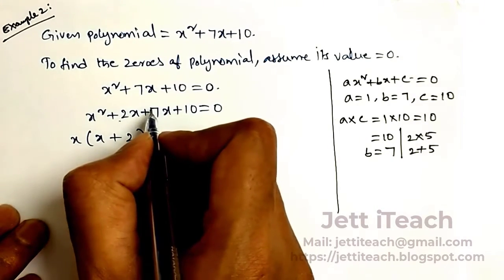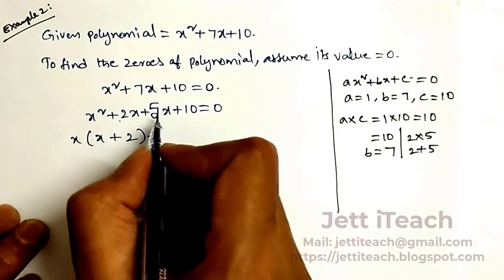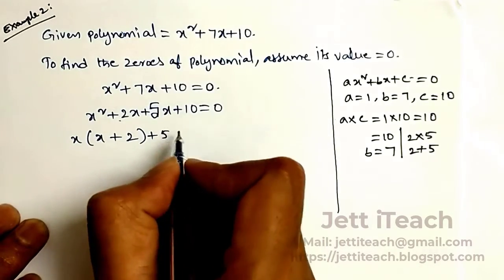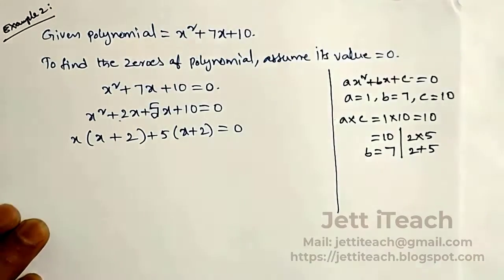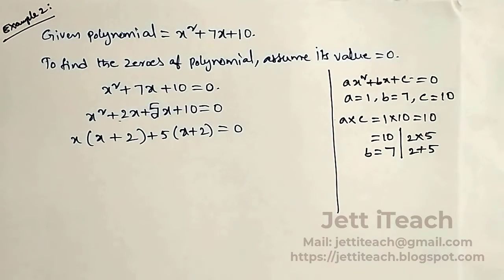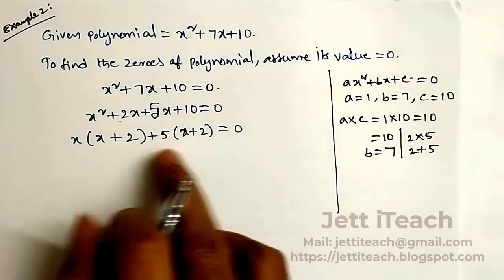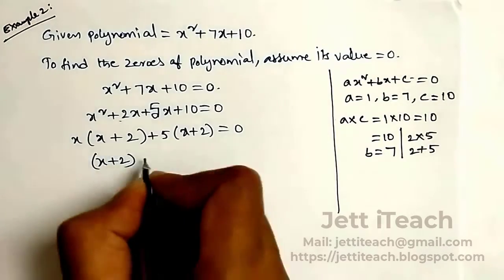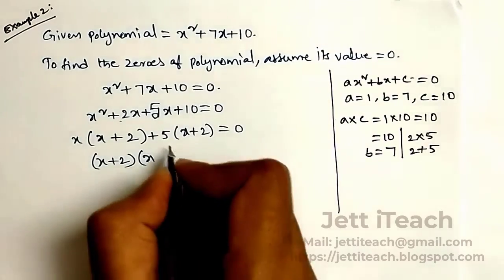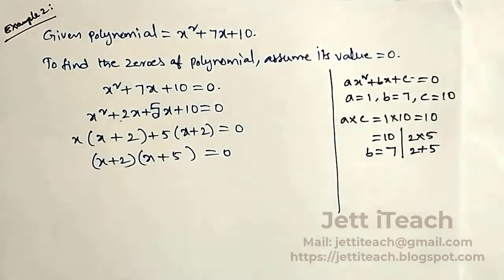Sorry, it is 5x. In this term 5 is common, so 5 into x plus 2 equal to 0. Again in both the terms x plus 2 is common. X plus 2 into x plus 5 equal to 0.